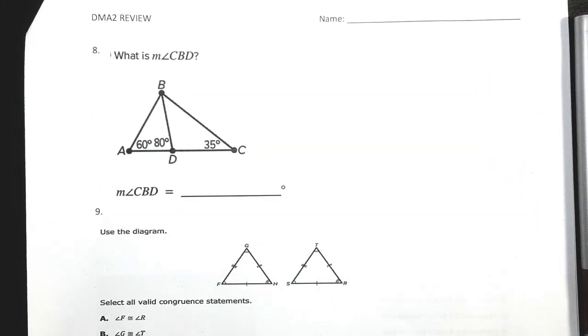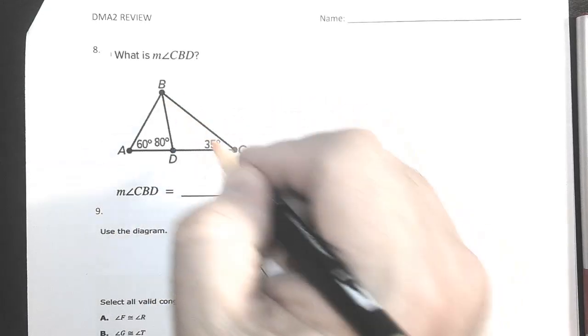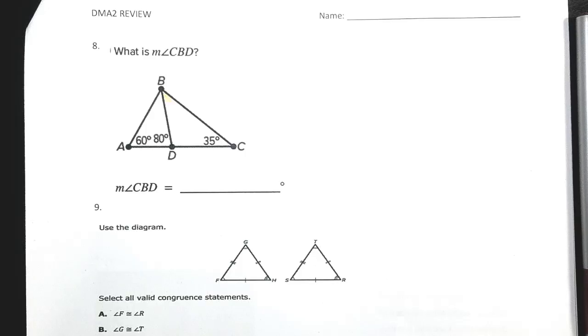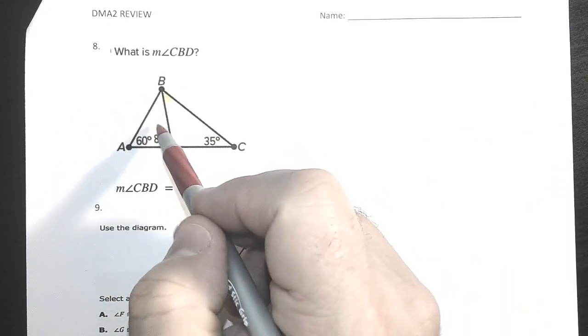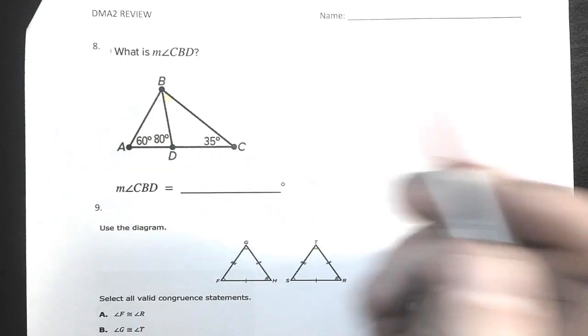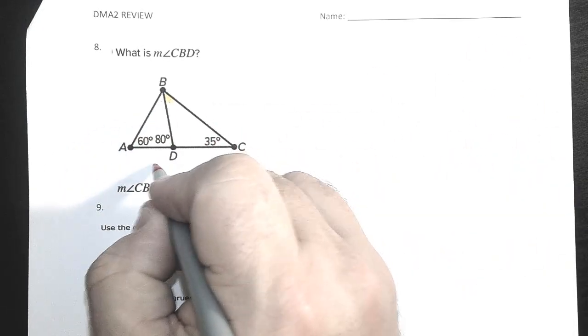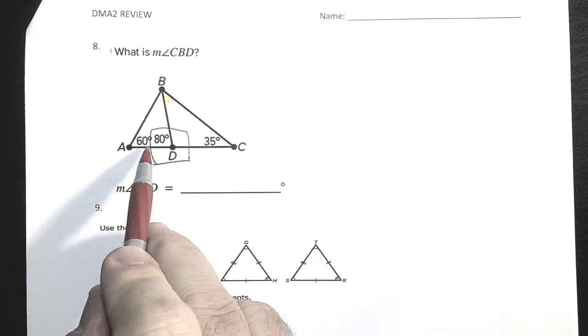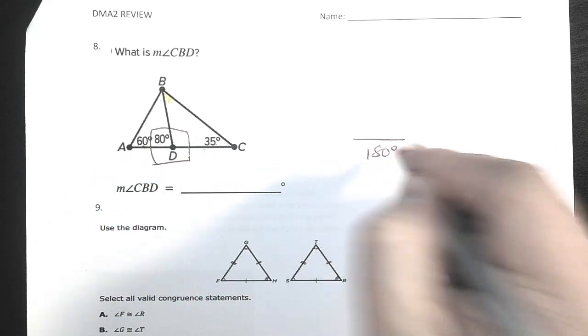All right, number 8. What is the measure of angle CBD? CBD. So this angle up here. All right, notice we have this triangle, and we have two of the angles, so we can figure the third, but that doesn't help us here. What we do have is this angle right here. So this line is a straight line. Remember, a straight line is 180 degrees.